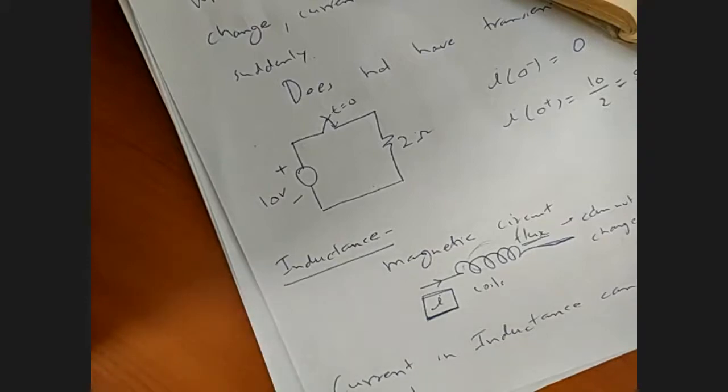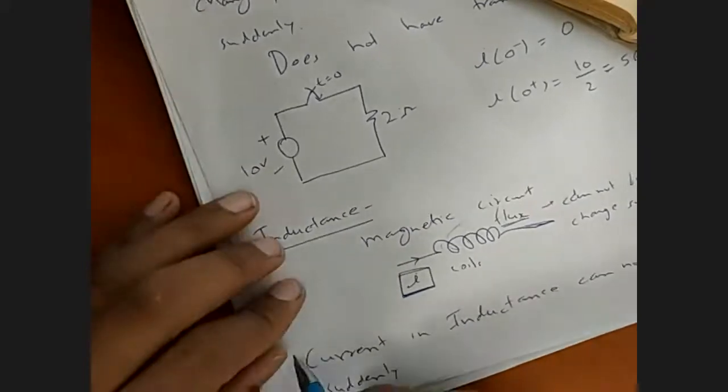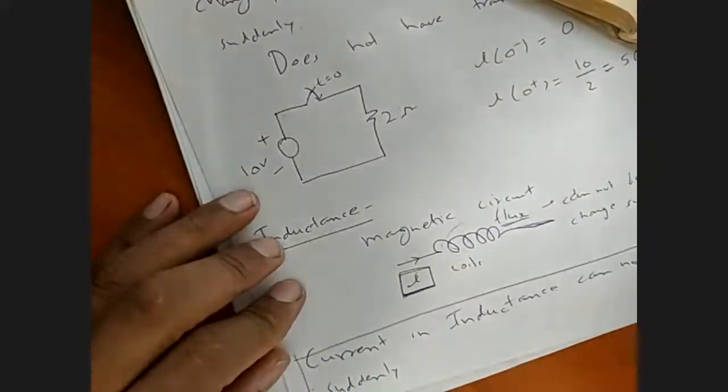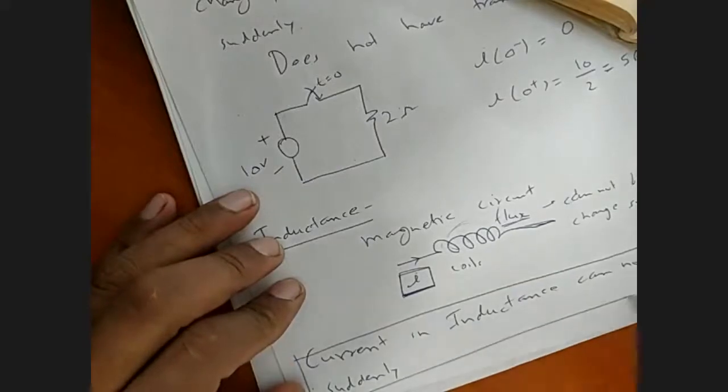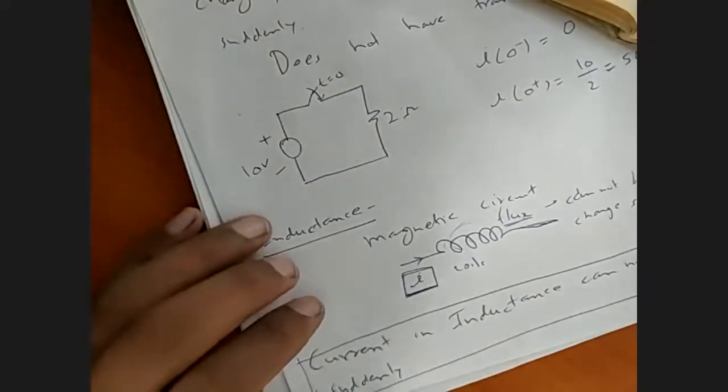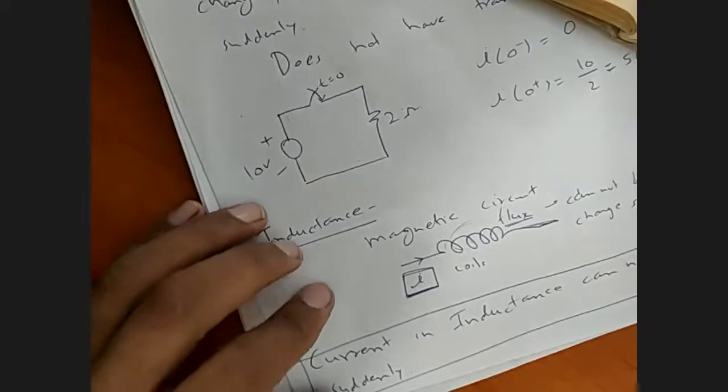So in inductance, current cannot change suddenly.